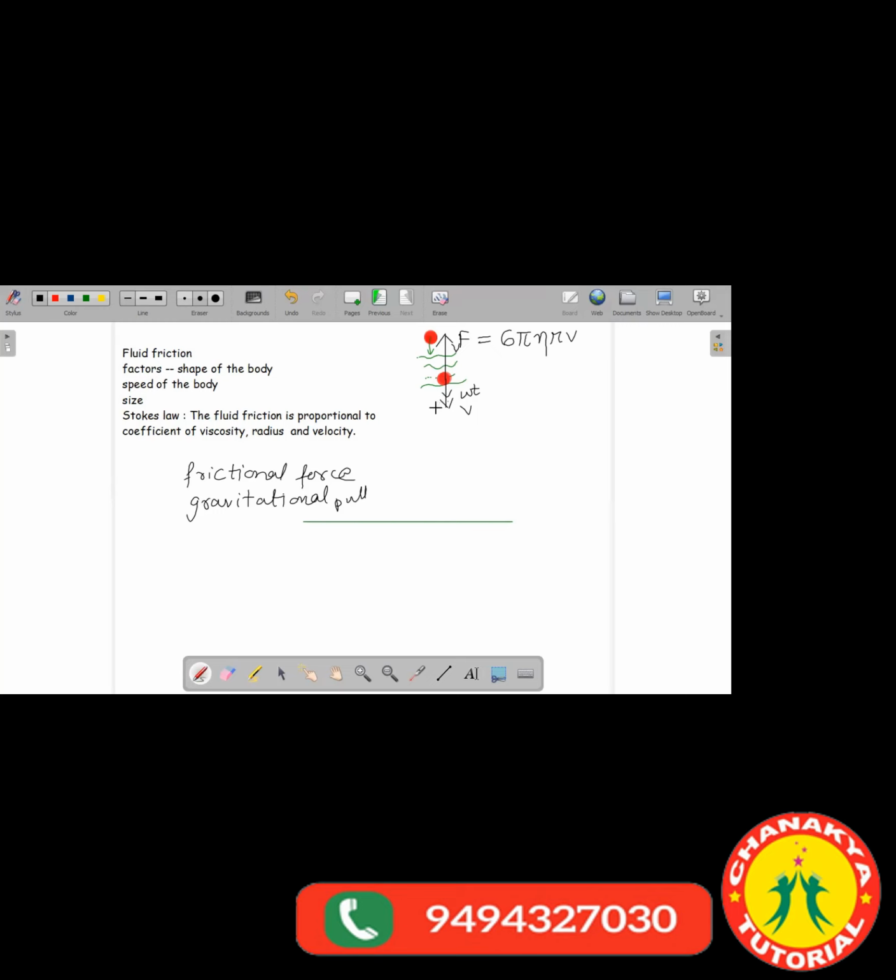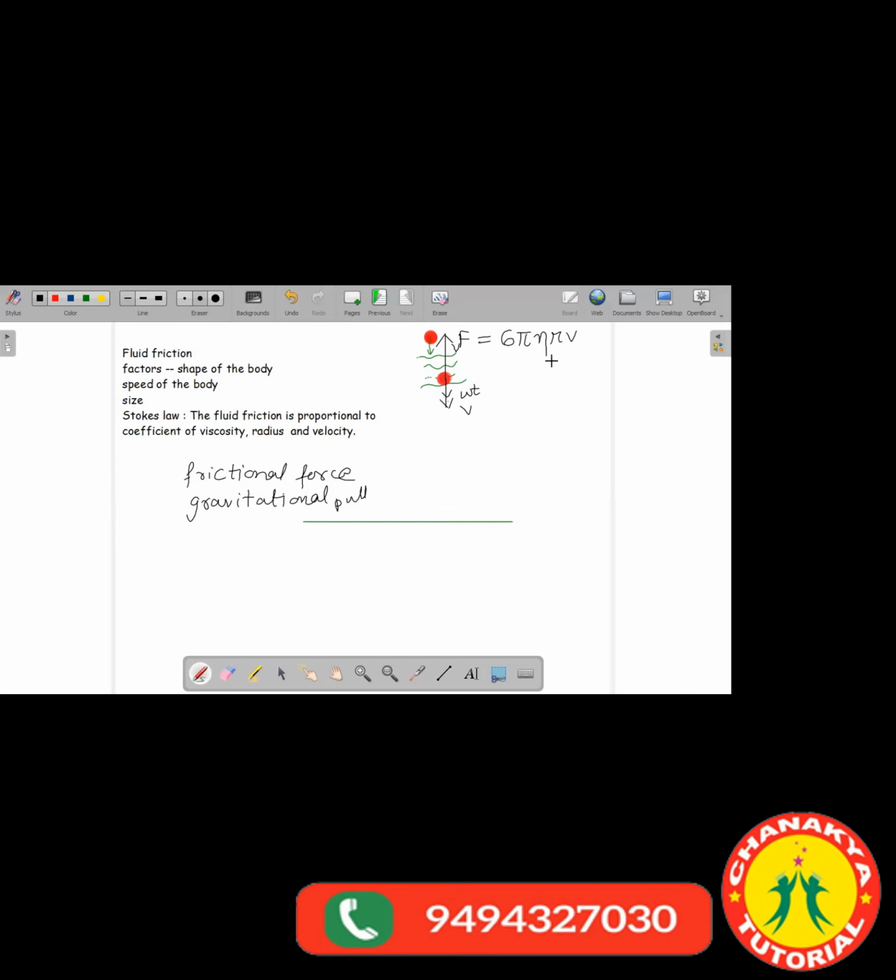The ball is passing through the air, and since motion is relative, whether the air is moving or the ball is moving, it's the same thing. There will be the same amount of frictional force, equal to 6 pi eta R v. If the speed increases, a point will come where these two forces will be equal to each other, and hence the ball will experience no net force.